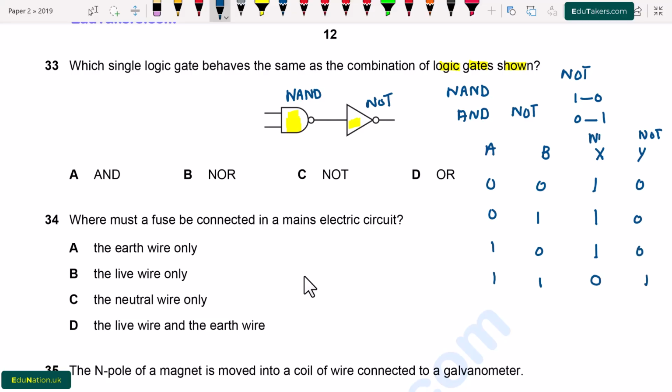This is NAND gate. I also write here the outputs for the AND gate. 0, 0 gives output 0. Here will be 0, 0 and 1. Now we check the outputs of the AND gate and the last one, NOT gate. Both of these are same. It means that the combination of the NAND gate and NOT gate is equal to AND gate. So only option A is correct.